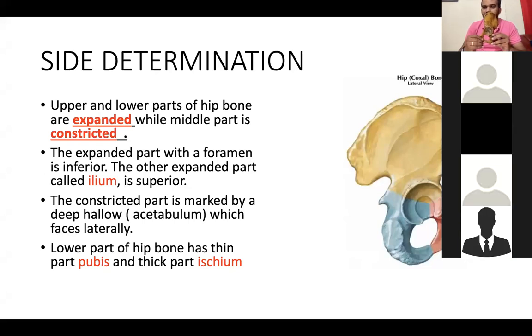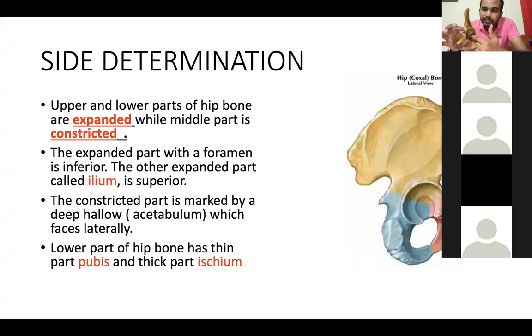And the next thing is that in the middle constricted part, you see a hollow depression. Can you see this one? Yes, sir. This hollow depression is called the acetabular fossa. This acetabular fossa should always face laterally, not medially.